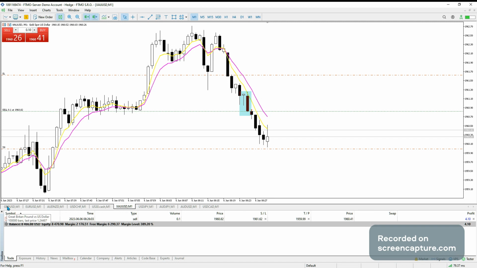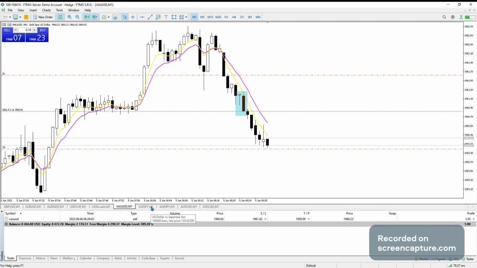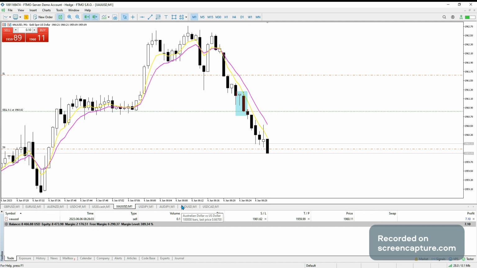You see, I don't have too many pairs open because the other pairs have higher spreads, so I don't want to take the other pairs because the spread can really make a difference. If you don't have a good broker who gives you low spreads, you'll be out of your trade all the time just because of the spread.